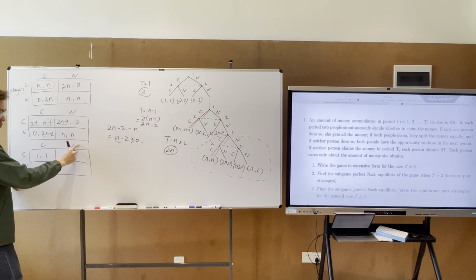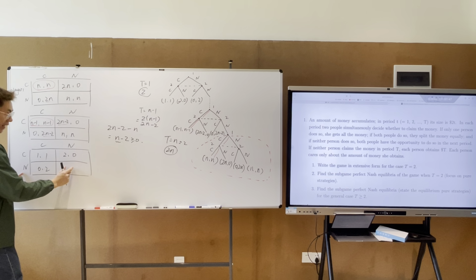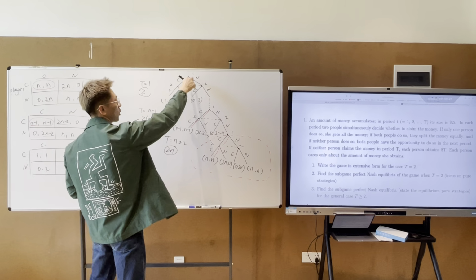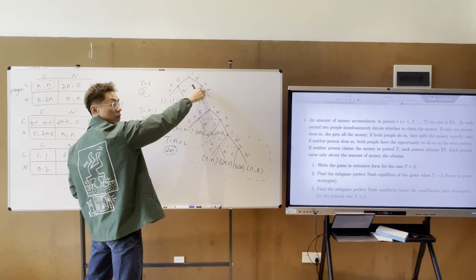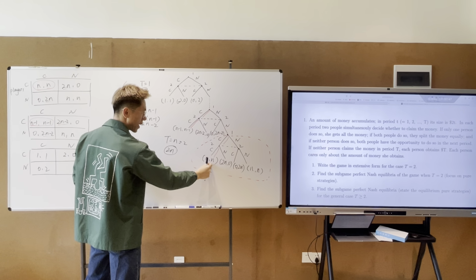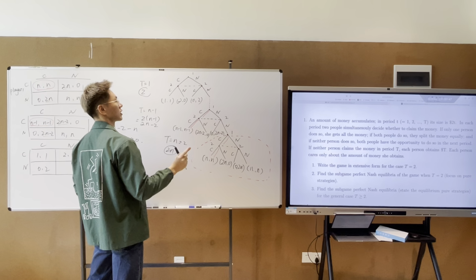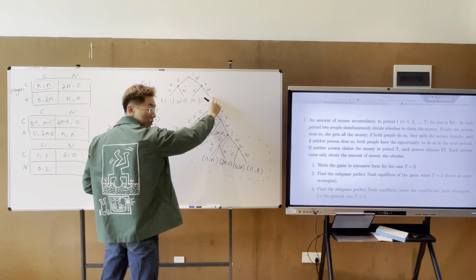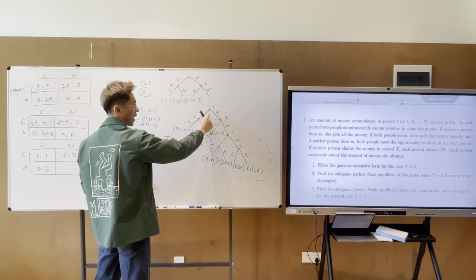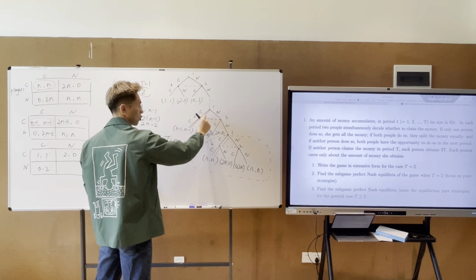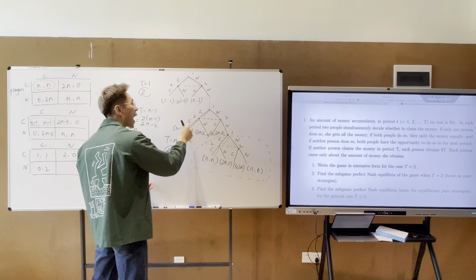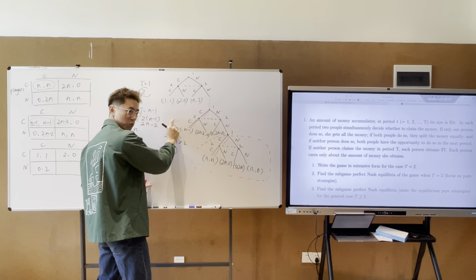If both players choose not to claim, what will they get? Will they get n? No, they won't, because, as I've explained, in period 2, both of the players will choose to claim the money. The game will definitely end in period 2, right?